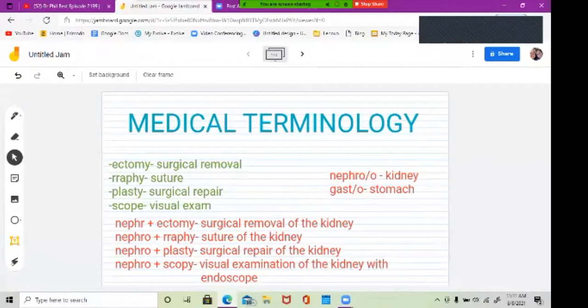Okay, so here's our medical terminology. So quickly write these down. These are suffixes. Ectomy is surgical removal. Raphy is suture. Plasty is surgical repair. And scope is a visual exam.